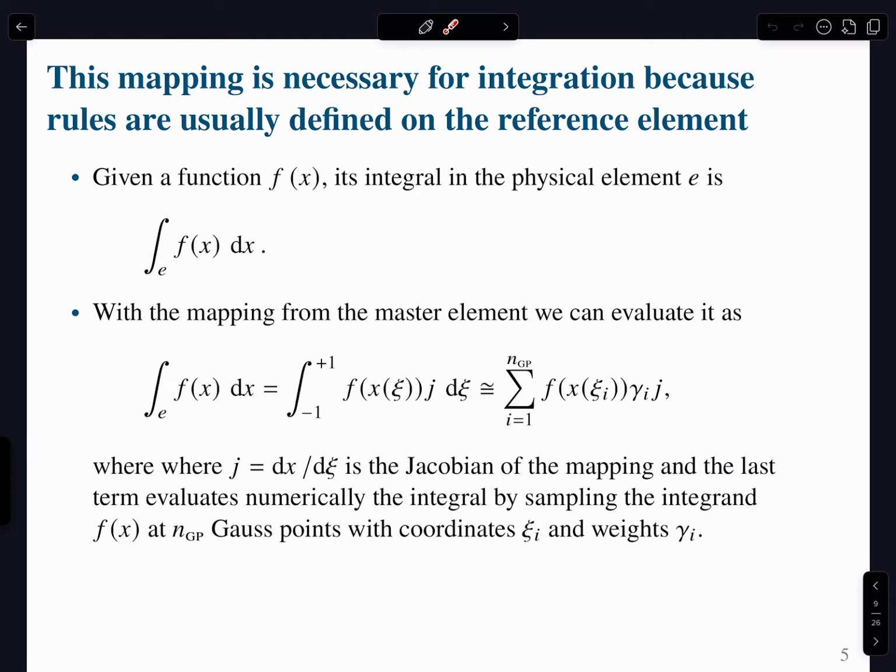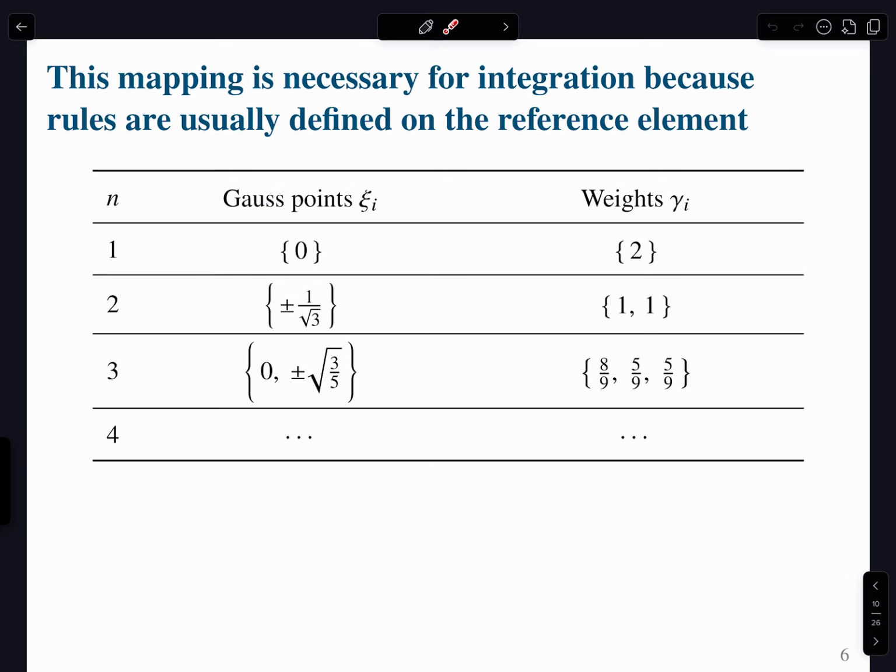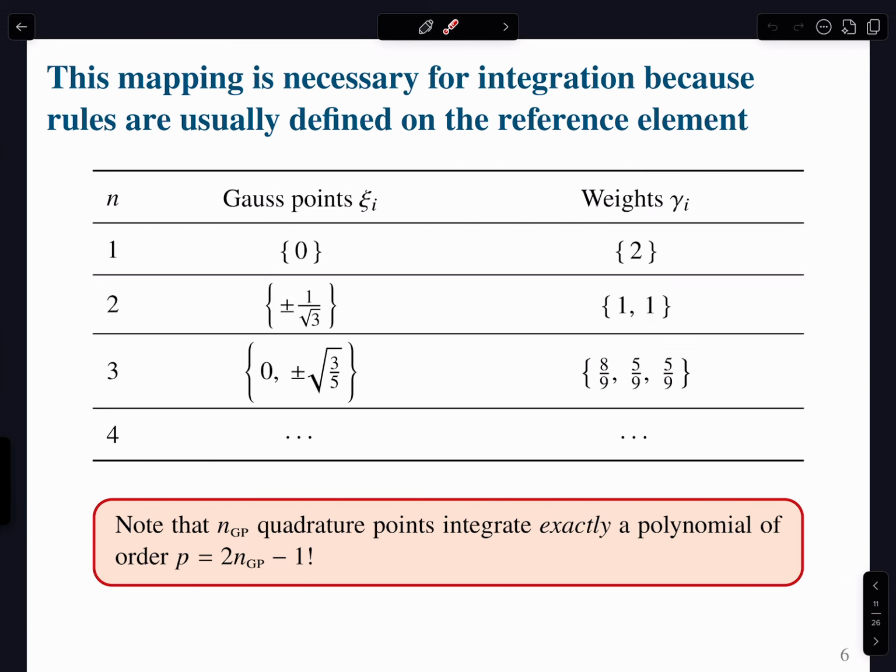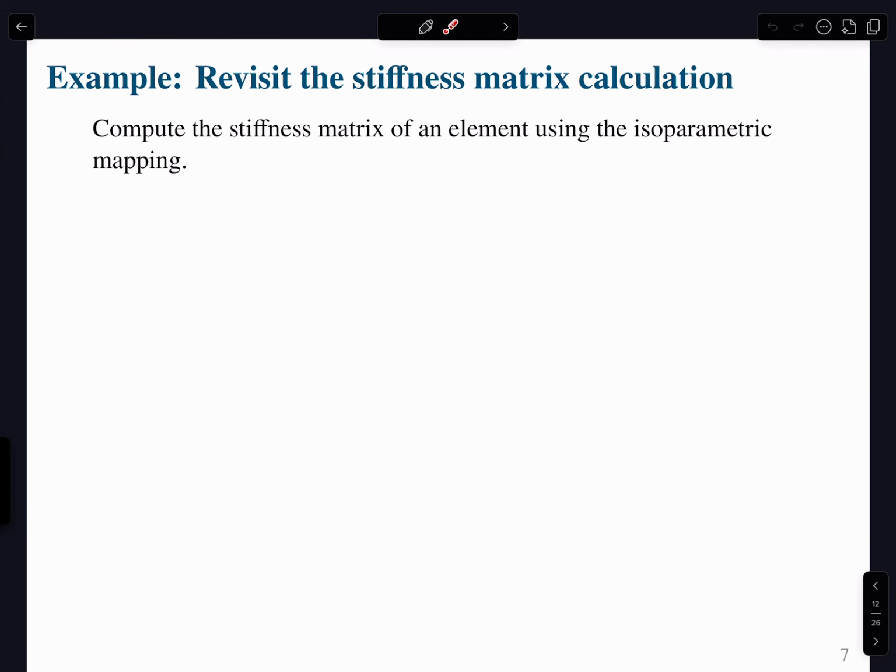So the Jacobian is a function of a coordinate, and so that may be complicating things, because you have the Jacobian on the numerator, but then you have twice the Jacobian in the denominator, right? And so we will see why that happens, and that may complicate things, because then you are no longer integrating a polynomial.